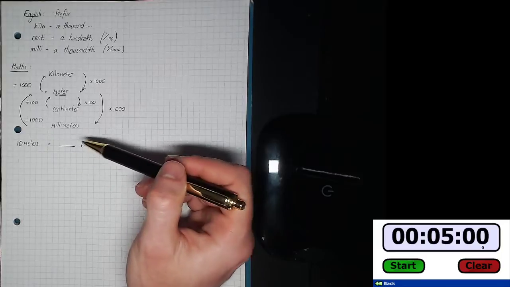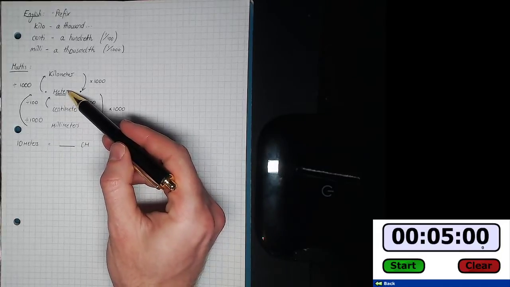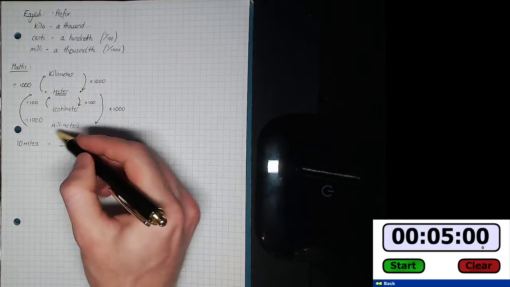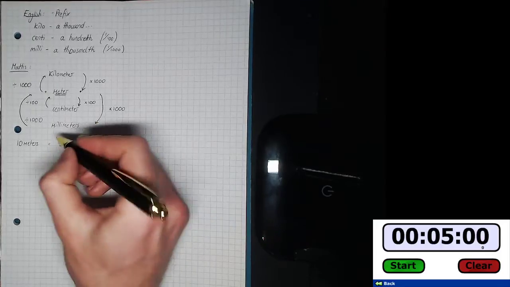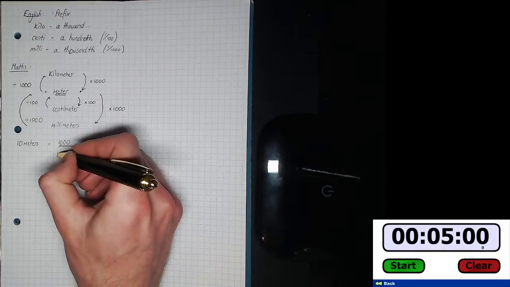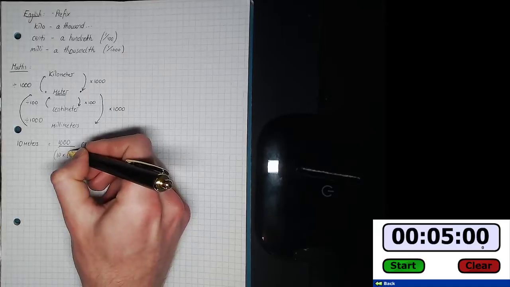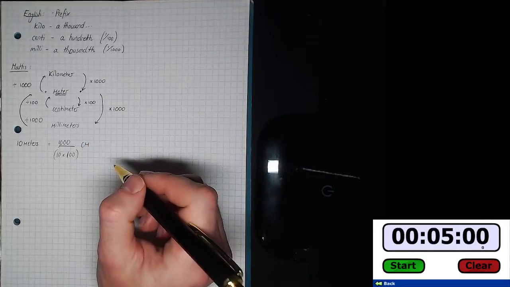There are 100 centimeters in a meter. So that means that I would have to do how many meters I have times by 100. So that would give me 1,000 centimeters. 10 times 100.